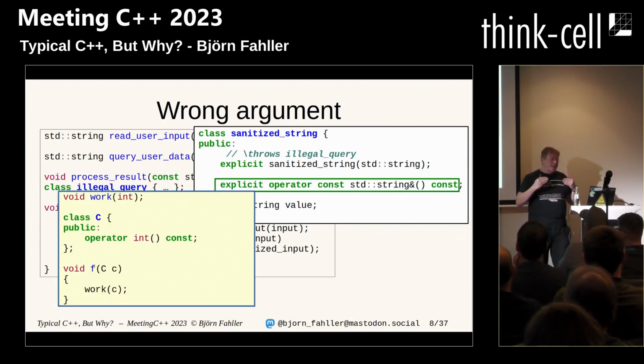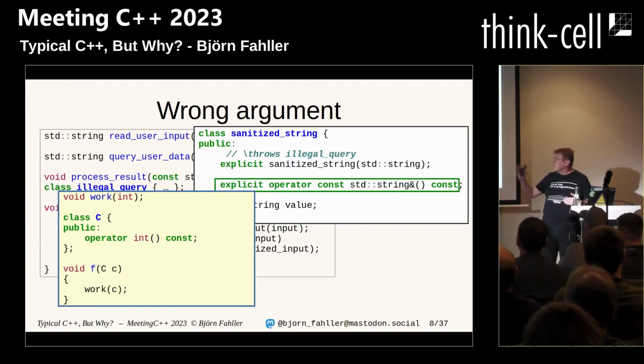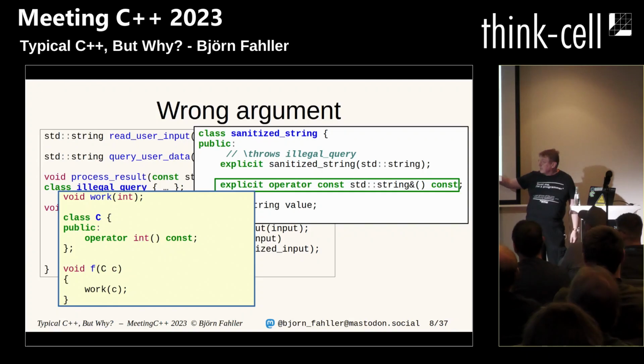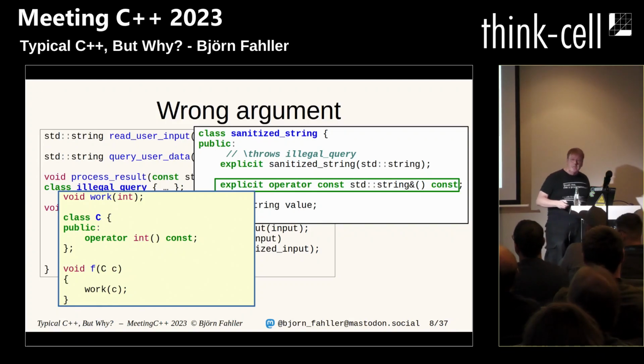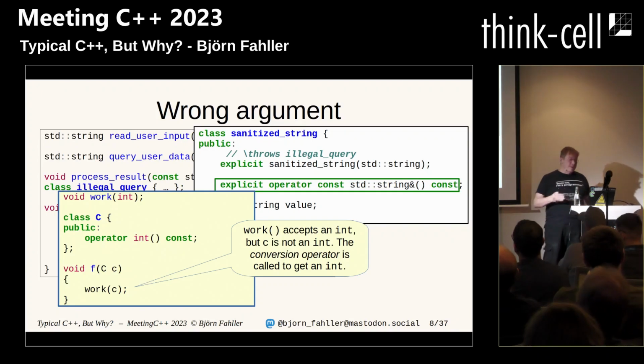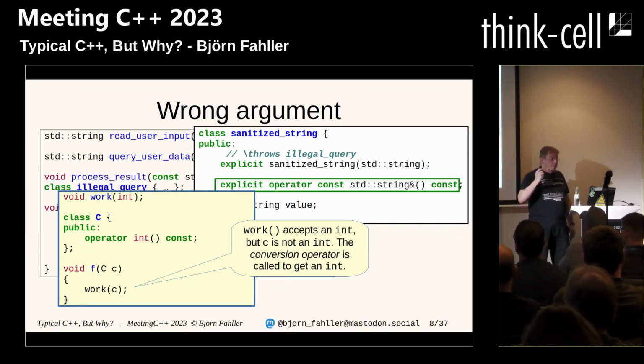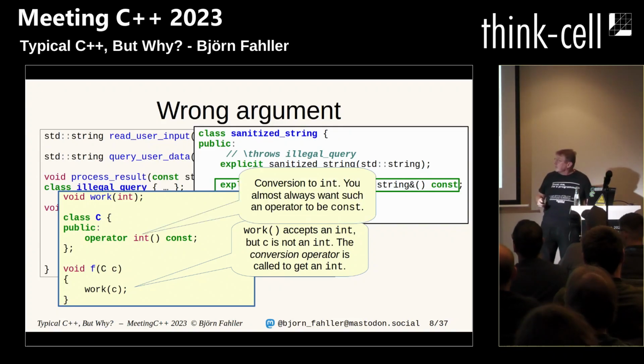The way they work is that, in this case, I have a function work that takes an int, and we have a class C, and in the function at the bottom, we have something that calls work with an instance of C. And what happens here is that the compiler sees that I'm supposed to call work with a C, but work takes an int. C is not an int. But it sees this conversion operator int const.